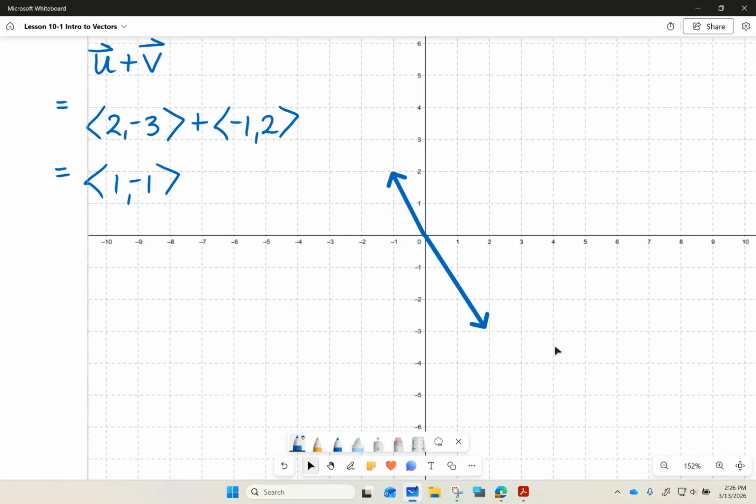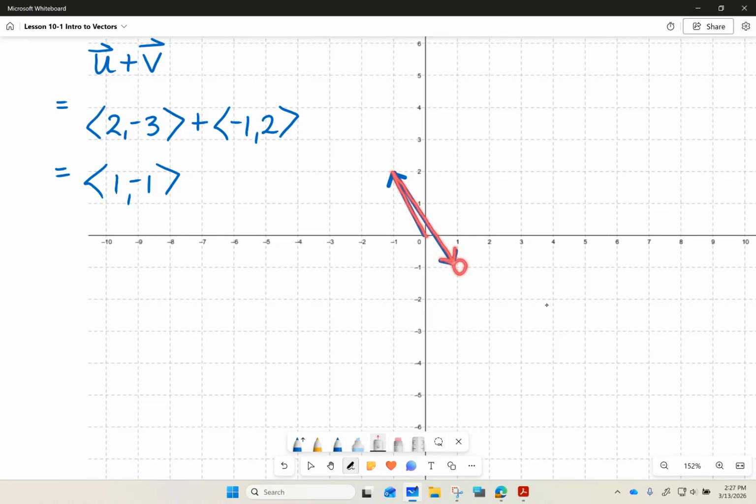So let's choose which one. Let's choose this big one, and let's move it over here. So if I'm adding, I'm just connecting them together, right? And what I'm asking you to find out is where, if it's connected together, did the final answer end up being? Well, if I start here at the origin and I went here and then I added this distance, where did I end up?